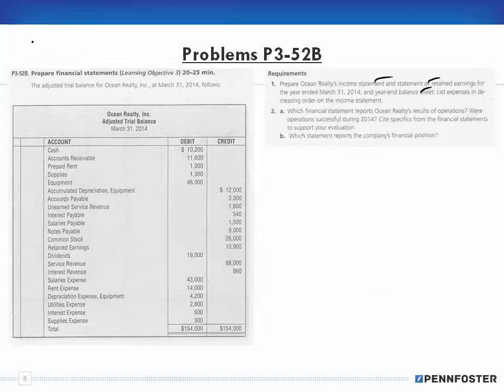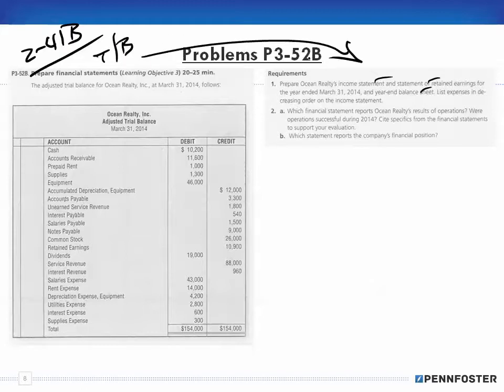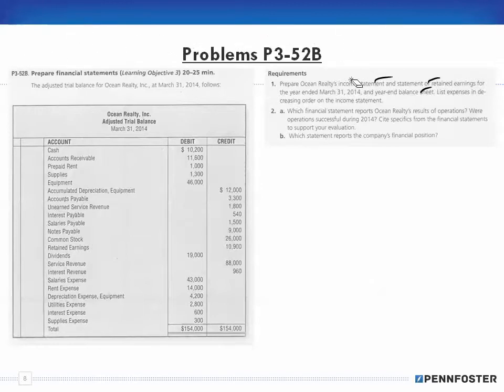If you're not sure about creating an income statement, statement of retained earnings, and the balance sheet, I'm going to refer you back to the Chapter 2 theory videos, for example, problem 2-41B. In Chapter 2, a lot of the problems were taking a trial balance and then creating your financial statements. So this here is just kind of repetitive along that line, and I'm not going to get into a lot of the detail here.